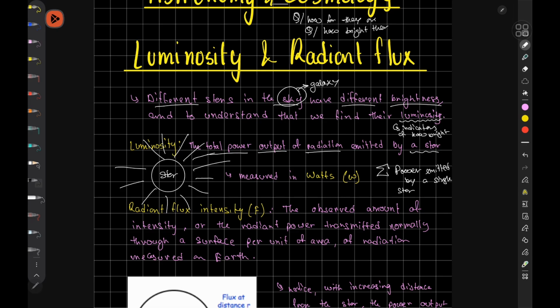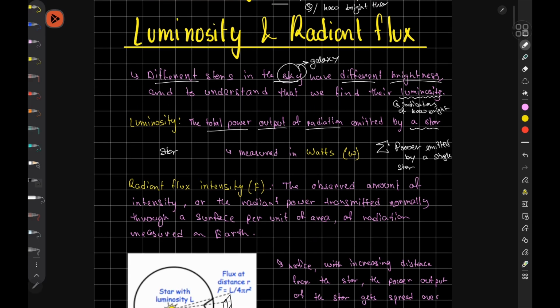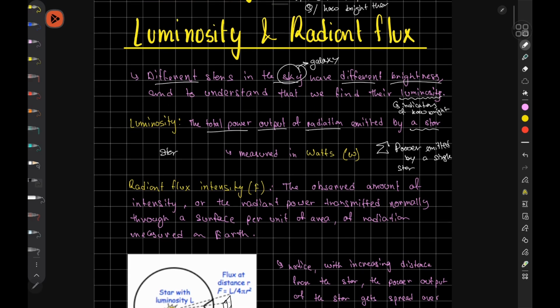So there's a lot of radiation happening, and we're going to be focusing on practically the visible light spectra. We do observe other frequencies as well, for example radio frequencies, microwave frequencies, gamma frequencies, x-rays, all of that, but we're going to right now focus on the visible spectra.